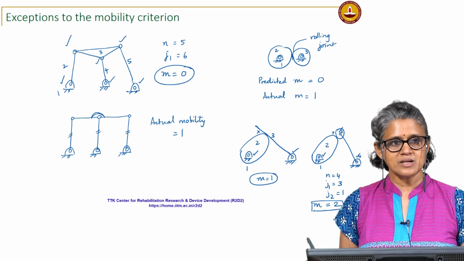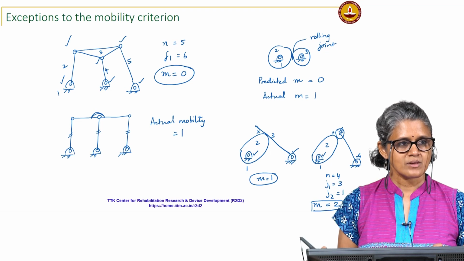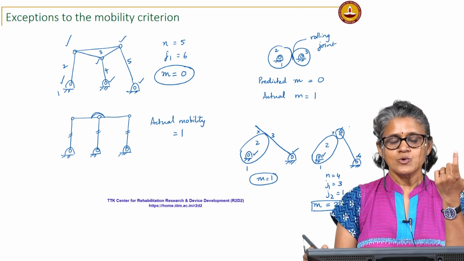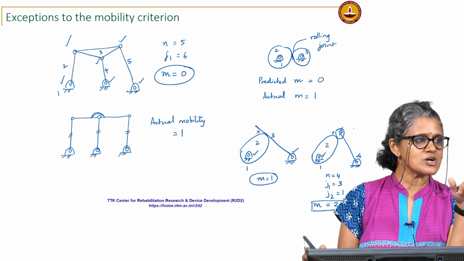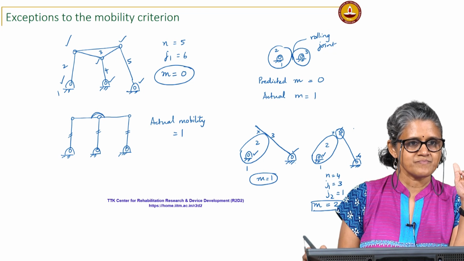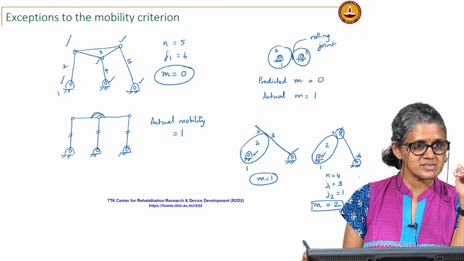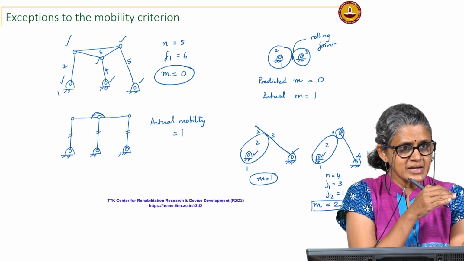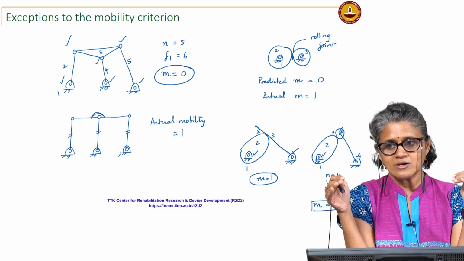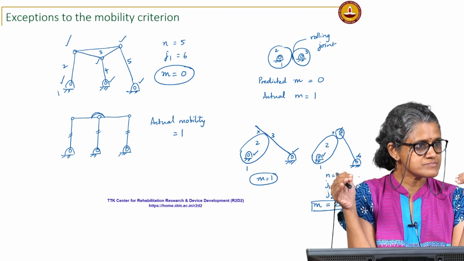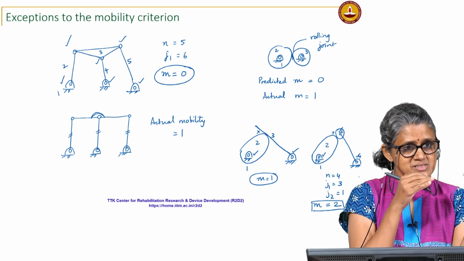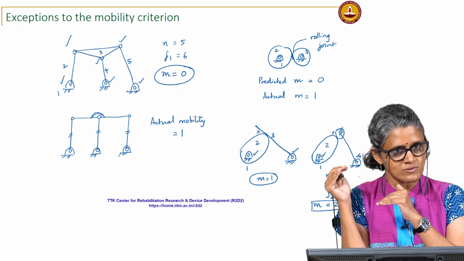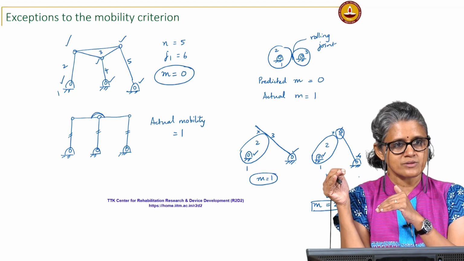So, what is this additional mobility that we have here? It is the angle of the roller about that, which for your practical application does not matter, but it is an existing degree of freedom in the mechanism. So, mobility basically tells you how many inputs you need to get your predictable output. So, if a mechanism has mobility equal to 1, it means one input will give you a predictable output.